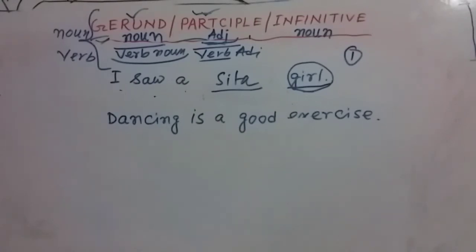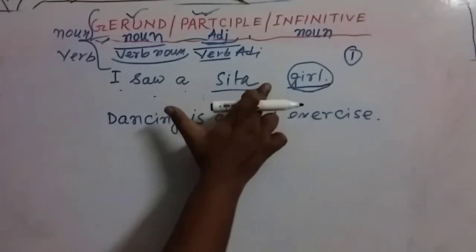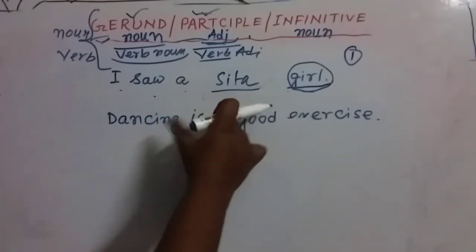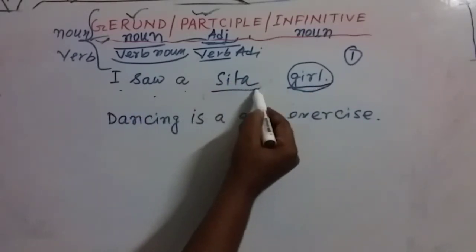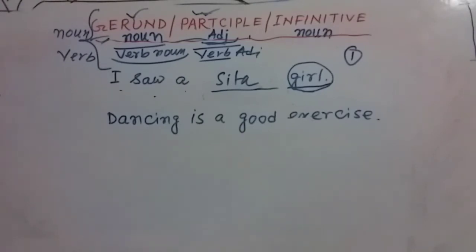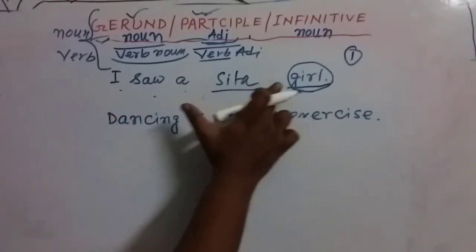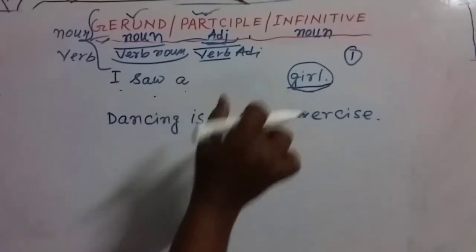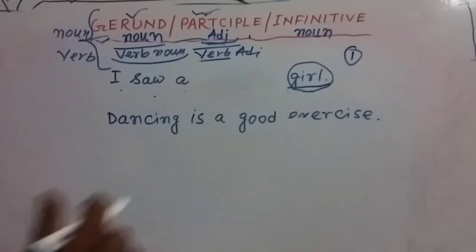It's unnatural. If it were a gerund, the sentence must be meaningful. But if it is not, it's not a gerund. It's a participle. That's why it is mismatched.